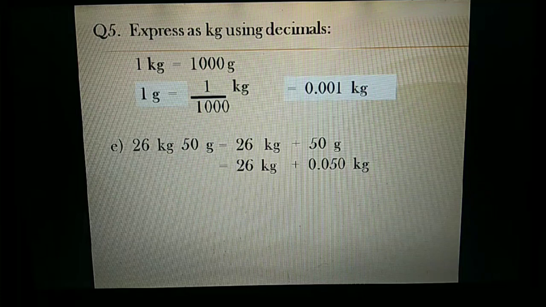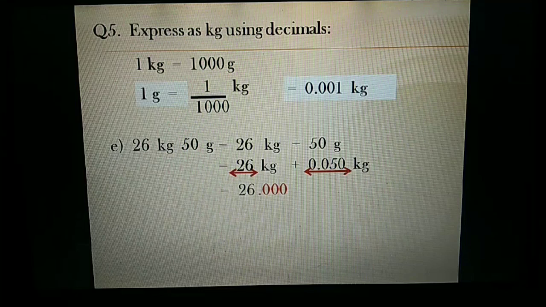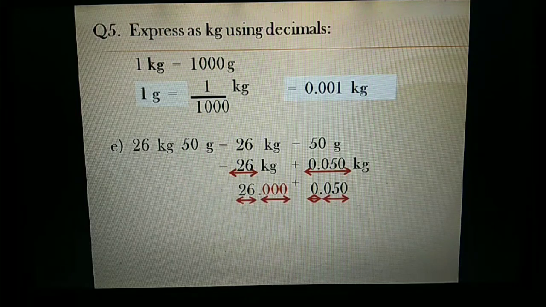Now the first number has whole number part, but the second one has decimal part too, with 3 digits in it. To make them like, we will put 3 zeros in the decimal part of the first number and the second number as it is. Now both are like, we can add them by adding whole to whole and decimal part to decimal part. Start from right, you will get the answer as 26.050 kg.